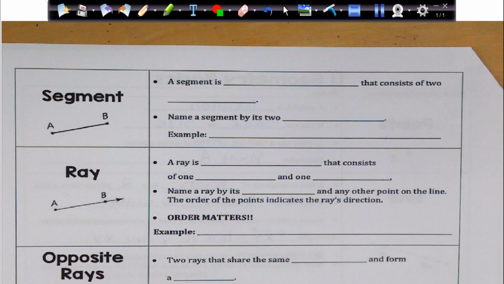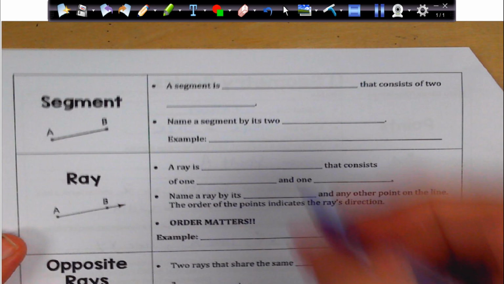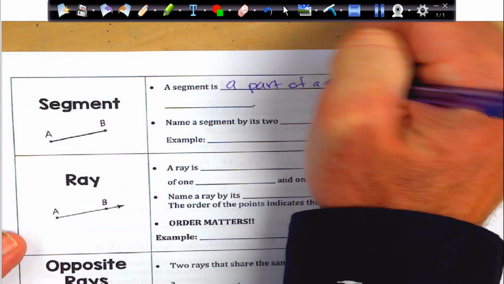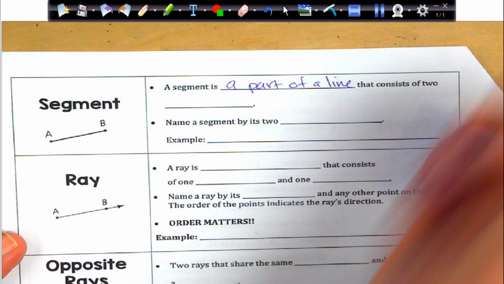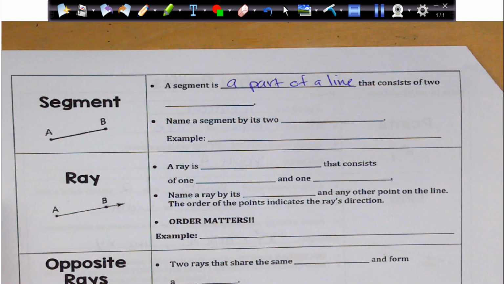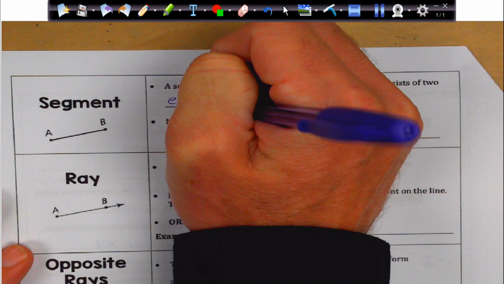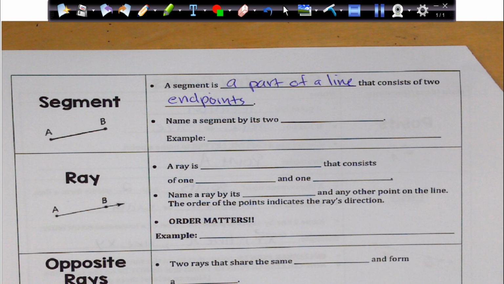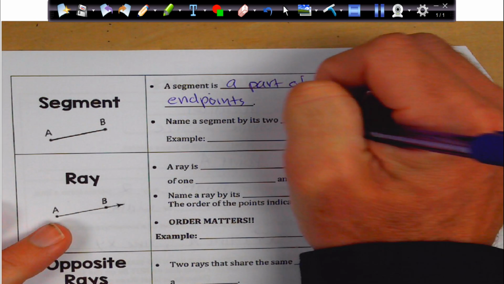All right, next page. All this great vocab that we're just kind of brushing through. Some of you might know a bit of it. All right, what is a segment? A segment is a part of a line that consists of 2 endpoints. They're points, but they're more specifically called endpoints because that's where it ends. We name a segment by its two endpoints.